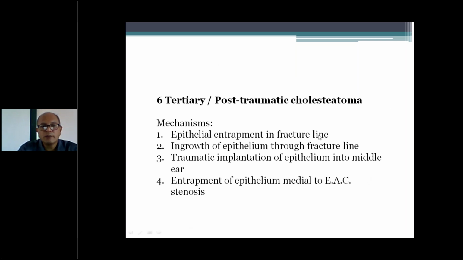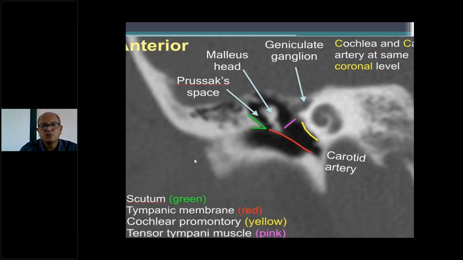And then post-traumatic, all this I have taught you last class. You can see this is the Prusak space which we discussed last time, and the Prusak space is the most common site of retraction pocket, particularly in the pars flaccida. The Prusak space is the place where, going by the Wittmaack theory of attic retraction, the cholesteatoma starts.